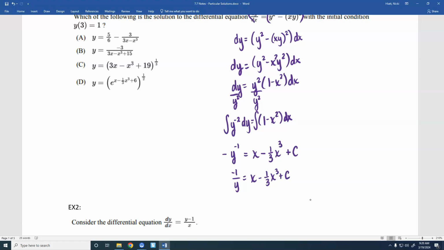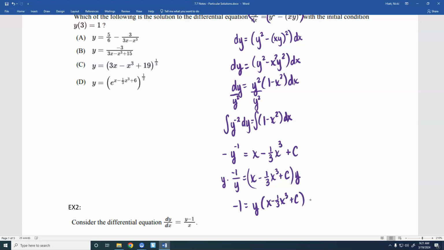How would I solve that for y? It's not a natural log for this, because if we were integrating at this point, it would be a natural log. But we've already done that. Yeah, we're going to multiply by our y. And so that will be negative 1 equals y times x minus 1/3 x cubed plus c.